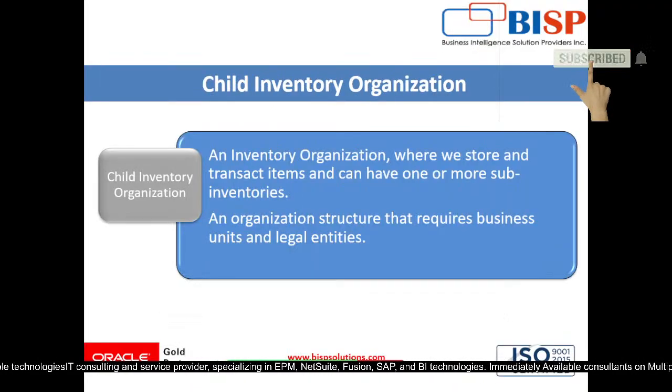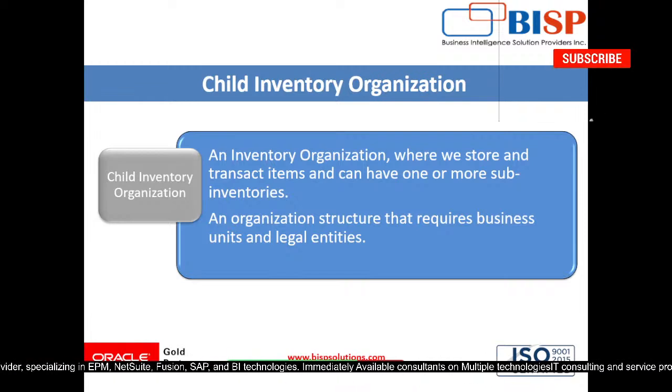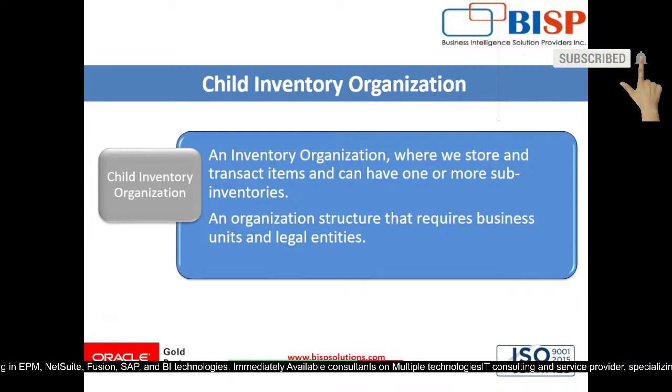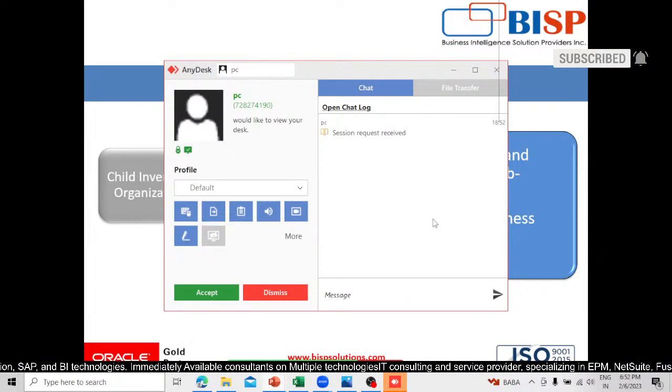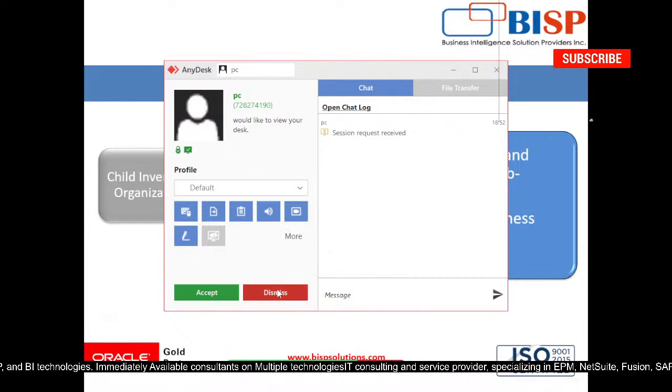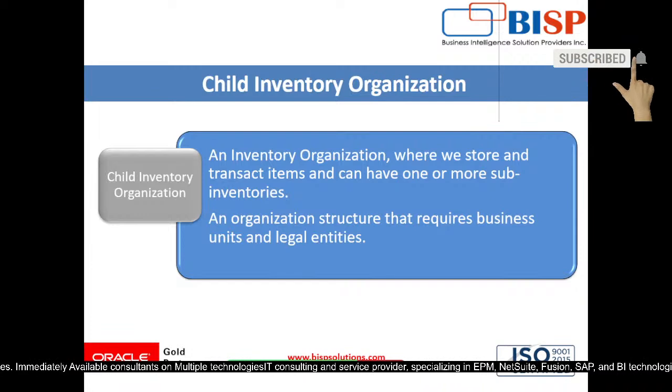Now our today's last topic is child inventory organization. Right. Child inventory organization is an inventory where we can store and transact the item, and we have one or more sub inventories. We can create more than one sub inventory. It is an organization structure that requires the business unit and the legal entity.